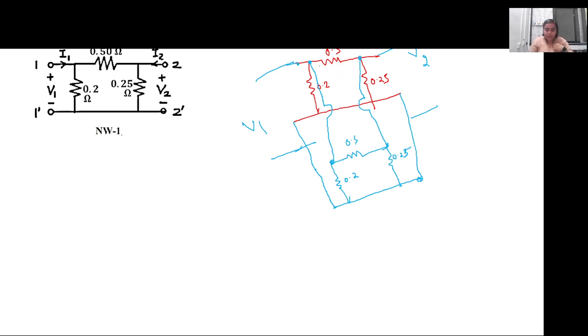Now, let me put names here for the nodes. Let this be node A. I'll use a different color, wait.